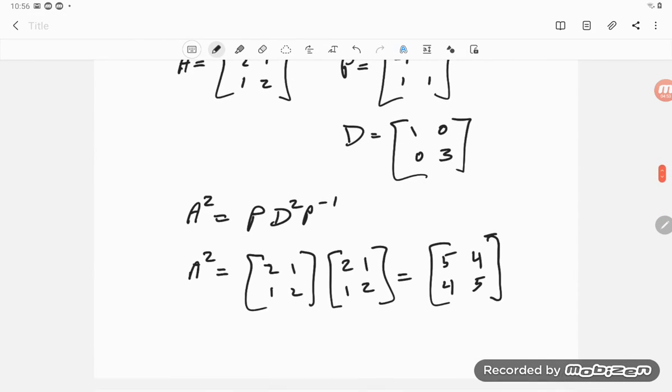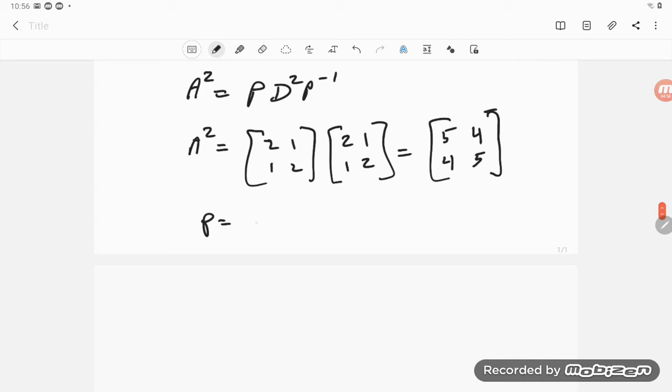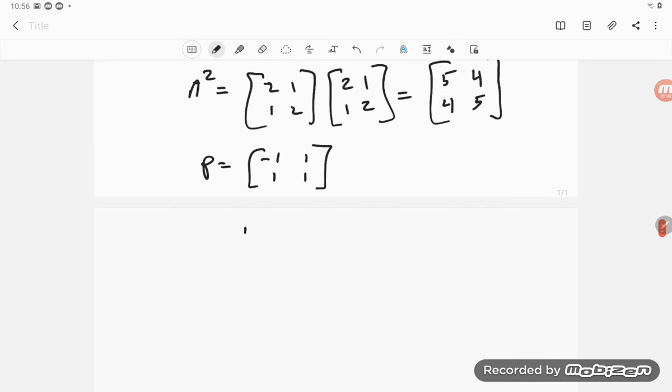Now we need P inverse. So P is minus 1, 1, 1, 1. So what's P inverse? Probably my easiest way to do that would be to use the determinant approach. And so we need to swap. So P inverse is equal to 1 over the determinant. The determinant here is minus 2.